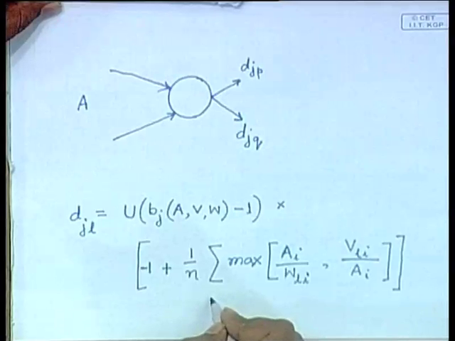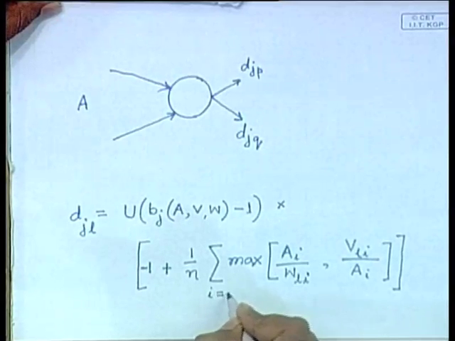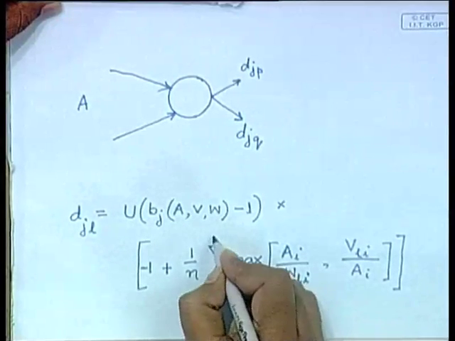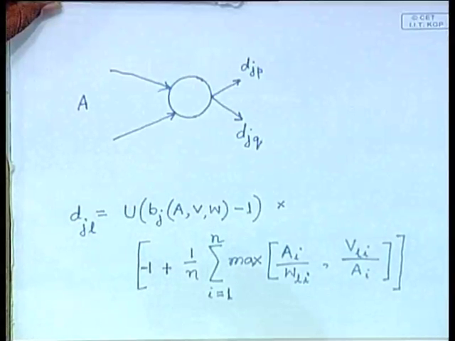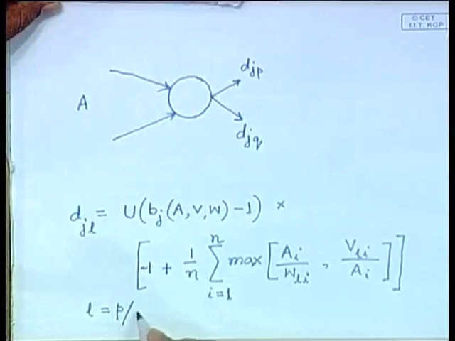Where this summation will be i varying from 1 to n if I have n dimensional feature vectors, and this L can be P or Q.